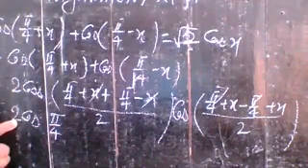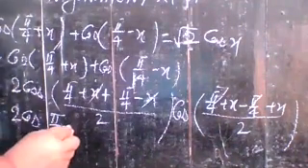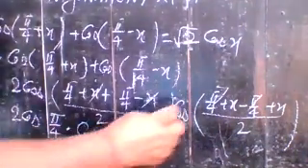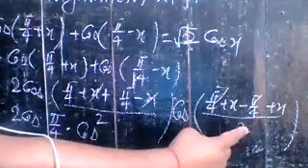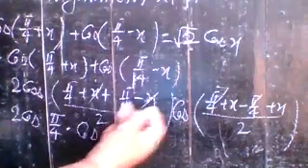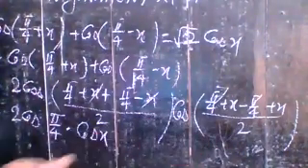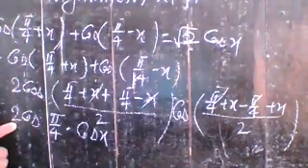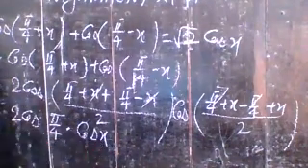Understand? So you have 2 cos pi by 4 into cos, and x plus x is 2x, and 2x by 2 is x. So here you have 2 cos pi by 4 into cos x.